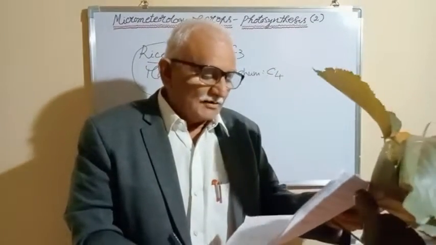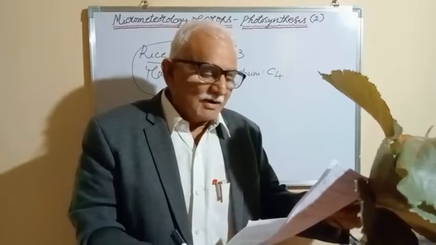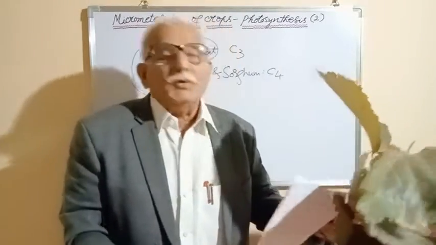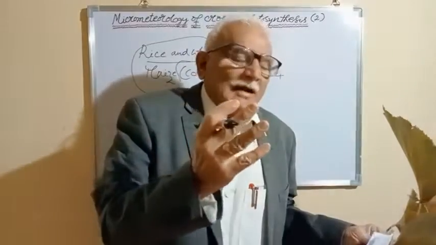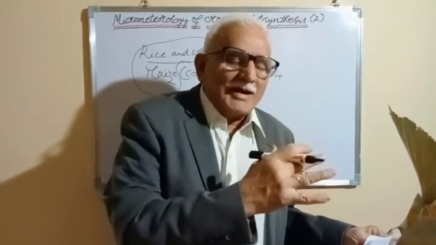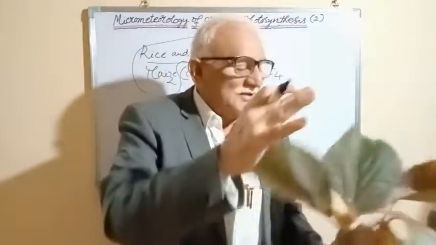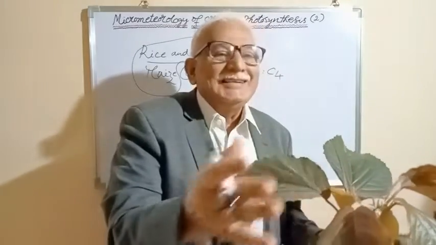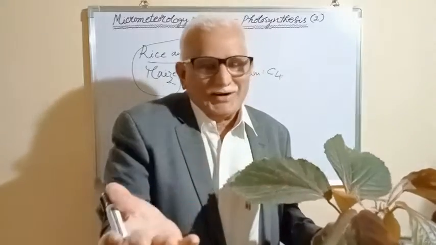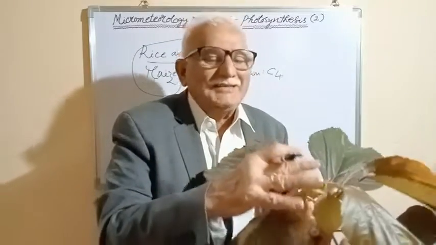In the process of respiration, the plants burn up material to do the work. What is photosynthesis? Carbon dioxide and water, with energy, are converted into carbohydrates, and oxygen is released during photosynthesis.